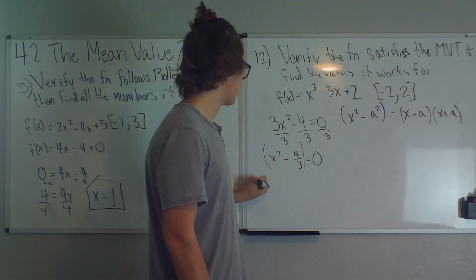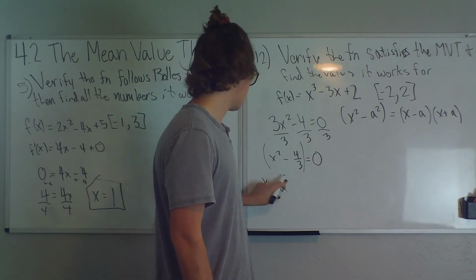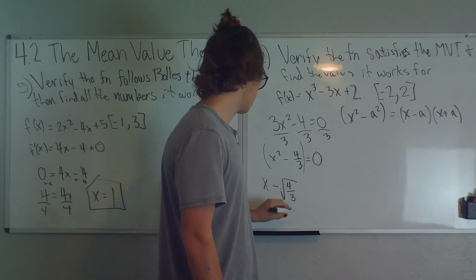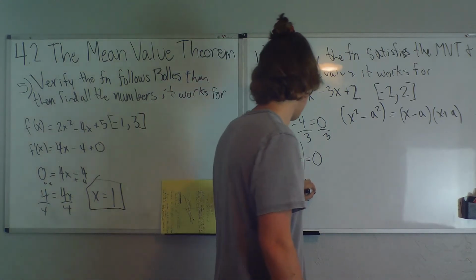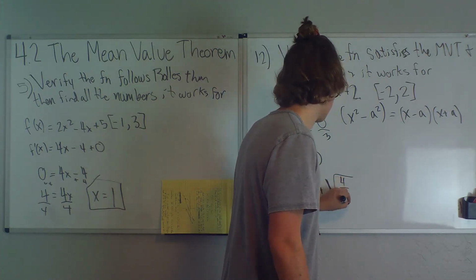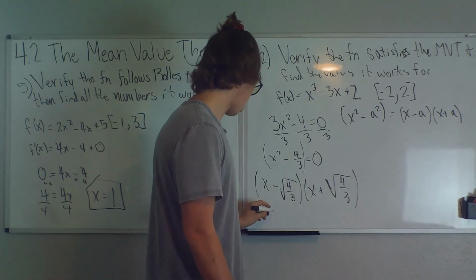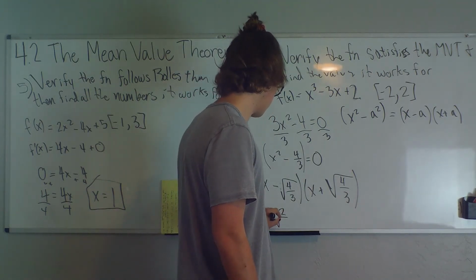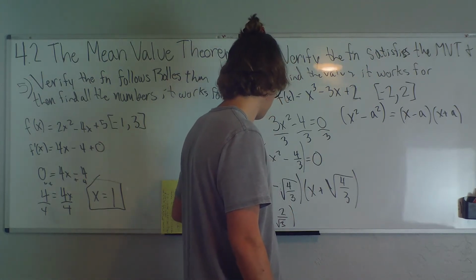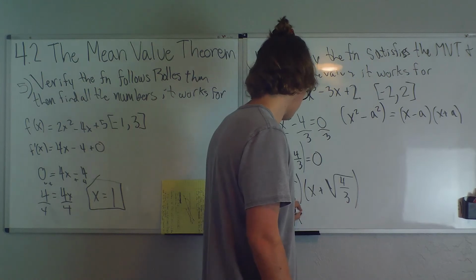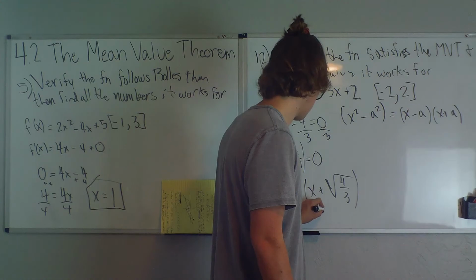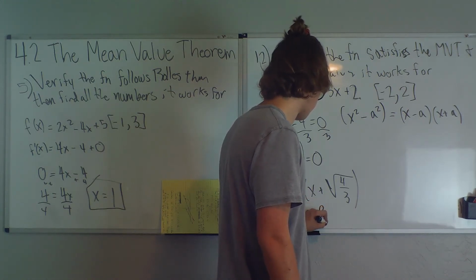Then we get x minus the square root of 4 thirds times x plus the square root of 4 thirds. And then what is this equal to? That is 2 over root 3, and x plus 2 over root 3.